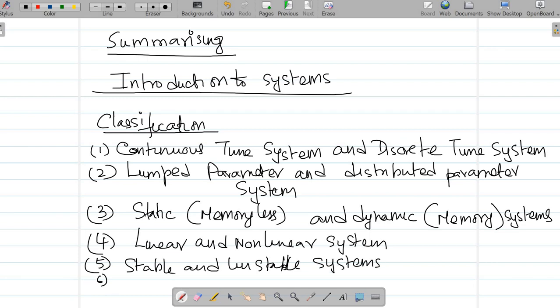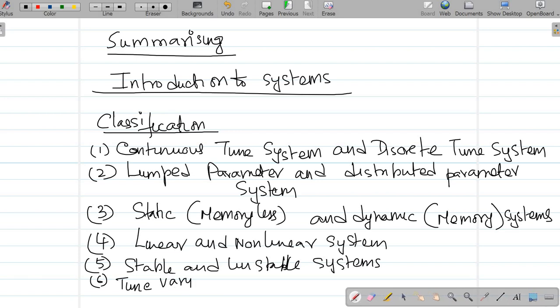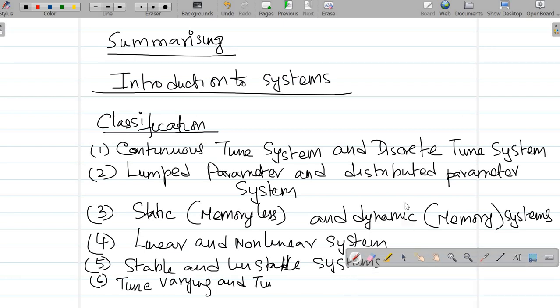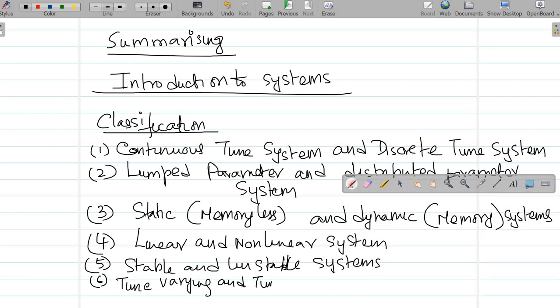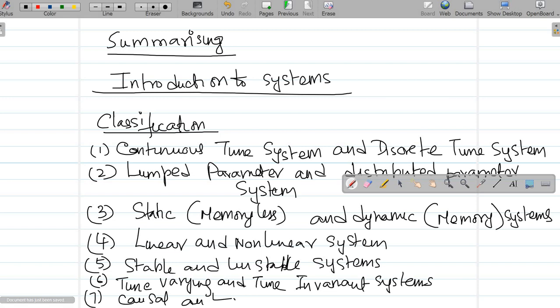Then we saw what is meant by time varying and time invariant systems. And finally we saw what is meant by causal and non-causal systems.